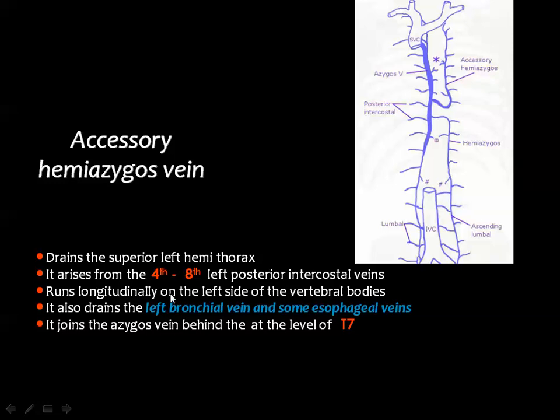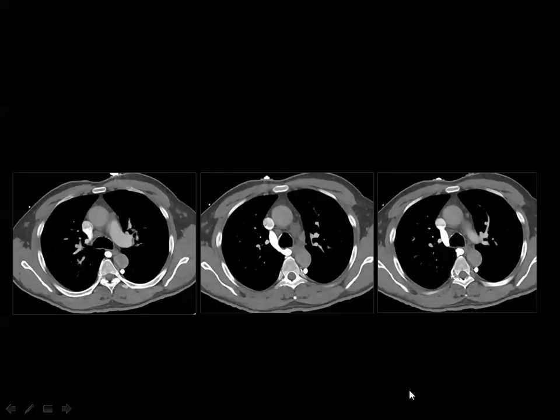It arises from the 4th to the 8th left posterior intercostal veins and it also drains the left bronchial vein and some of the esophageal veins. It joins the azygos vein at the level of the dorsal vertebra number 7.